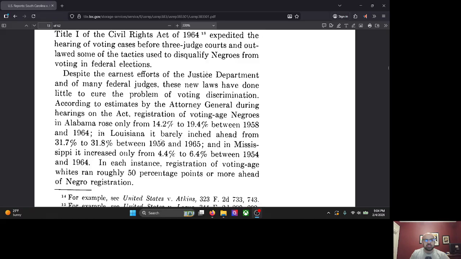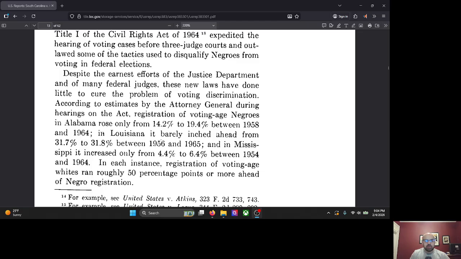Despite the earnest efforts of the Justice Department and of many federal judges, these new laws have done little to cure the problem of voting discrimination. According to estimates by the Attorney General during hearings of the Act, registration of voting-age African Americans in Alabama rose only from 14.2% to 19.4% between 1958 and 1964.